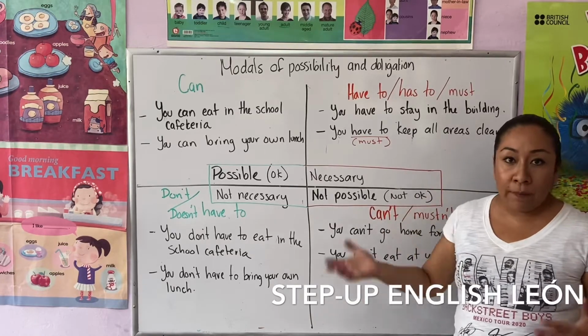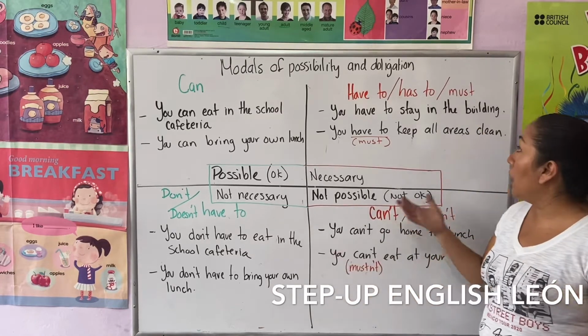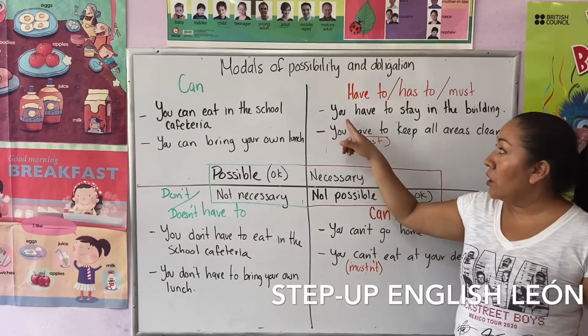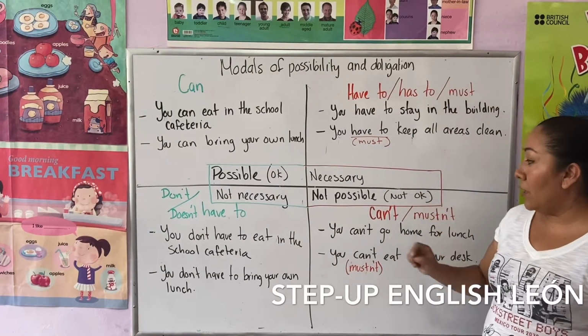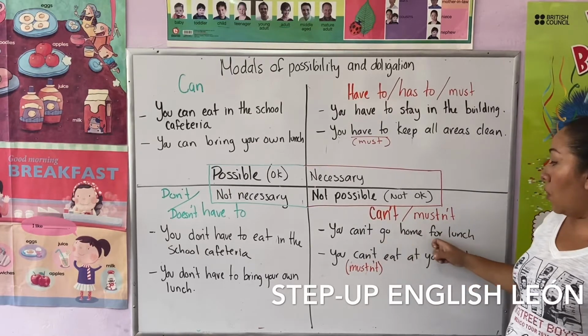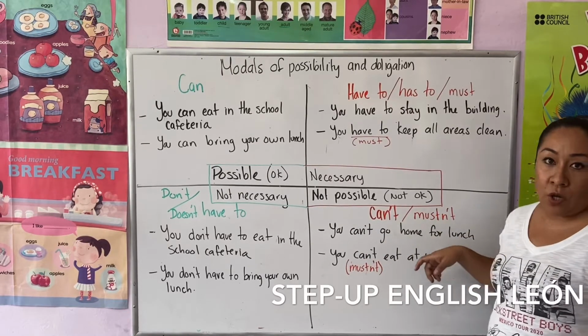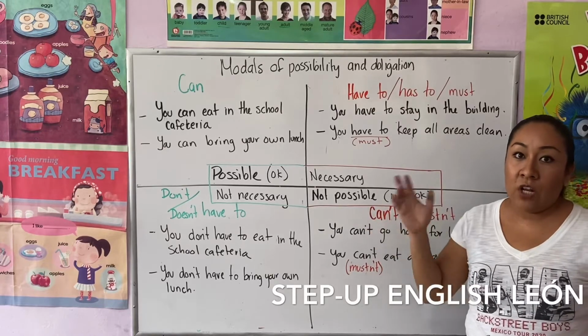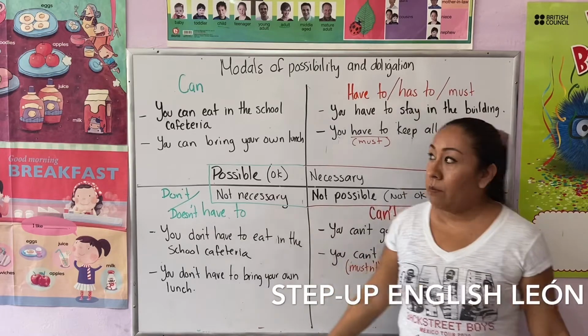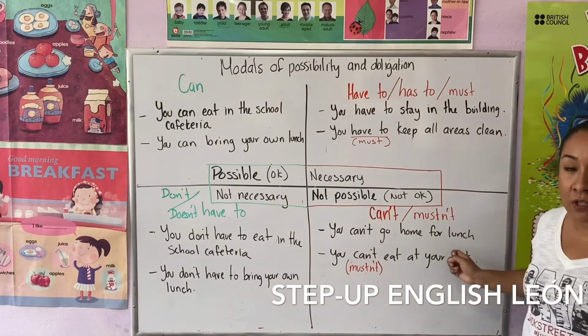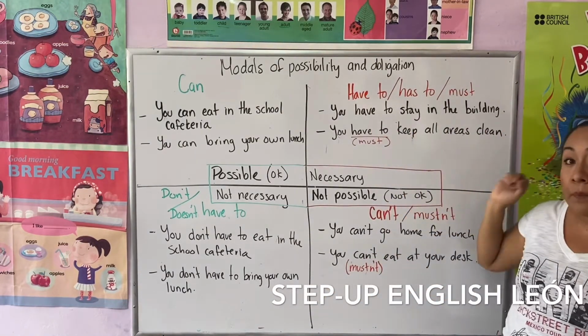Again, going back to the school cafeteria situation, you have to stay in the building. It means that you can't go home for lunch. So you can eat or not eat. You can bring your lunch or don't bring your lunch, but you can't go home for lunch. You have to stay in the building.